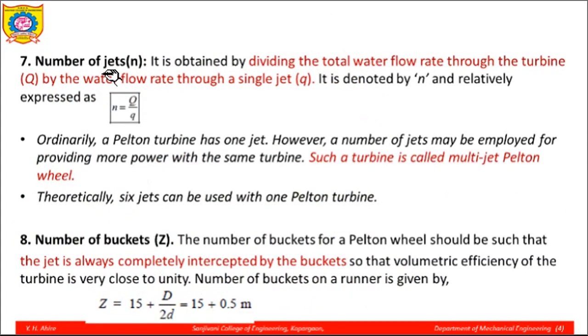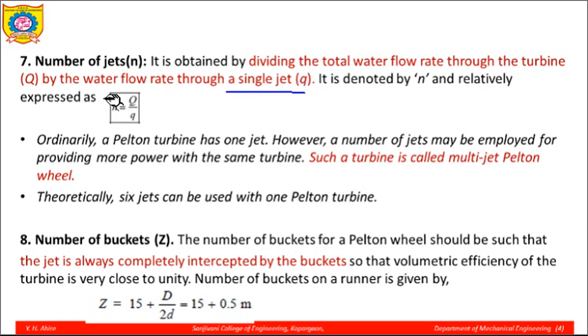Next is the number of jets in a given Pelton wheel, denoted by letter N. It is obtained by dividing the total water flow rate through the Pelton turbine, that is capital Q, by the water flow rate through a single jet, that is small q.